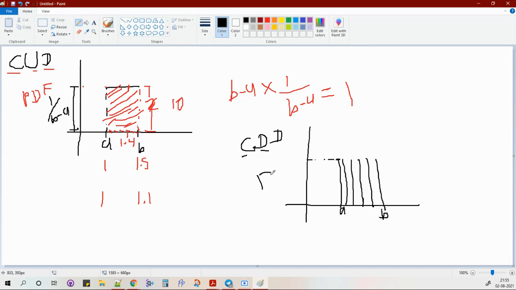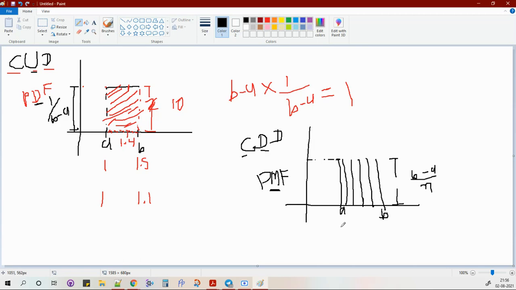PMF is the probability mass function. So if you think intuitively, this is mass and this is density. The P in PDF is density, right? And what would be the size of this? Anyone?